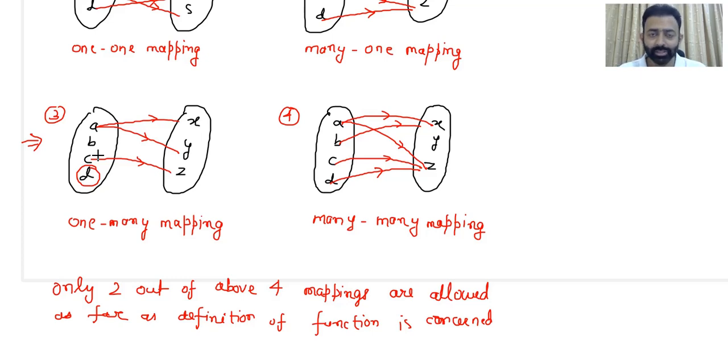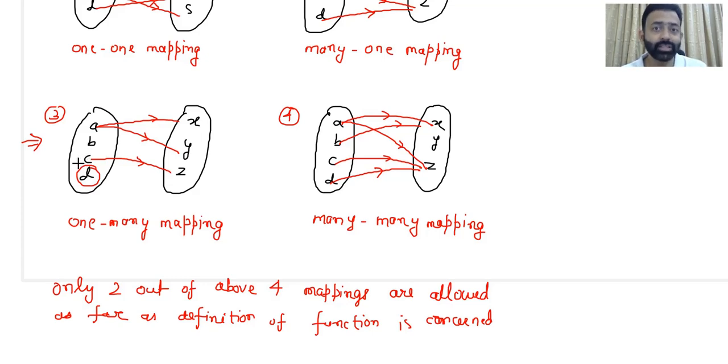So as far as the definition of function is concerned, each and every value of the input must be occupied by its output value, right? Each and every value should be mapped to some output value, right? There should not be any element left inside the input set.